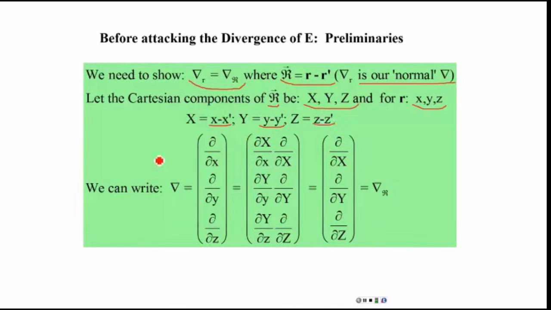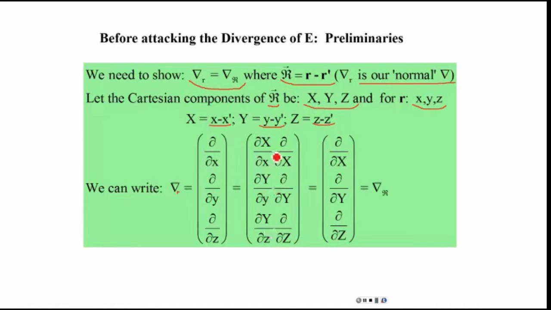Going back to the r system, del sub r is equal to partials with respect to x, y, and z, which I've written as a column vector. We can write that as the partial of capital X with respect to little x, times the partial with respect to capital X, and likewise for y and for z.